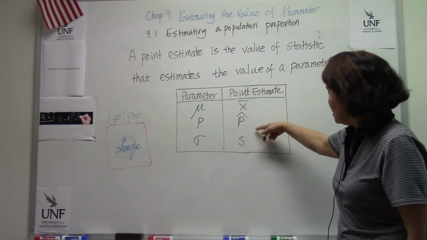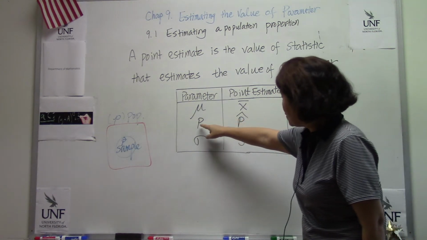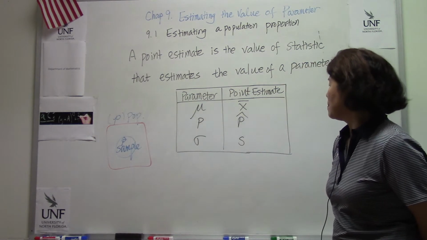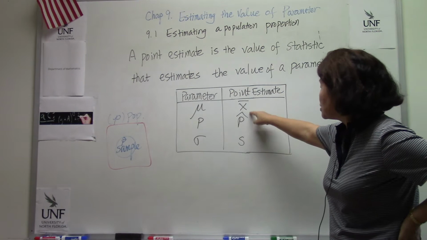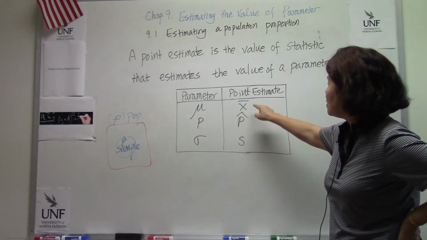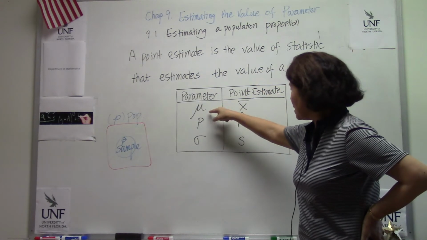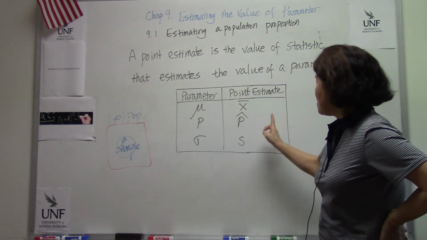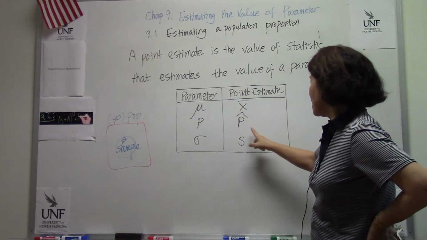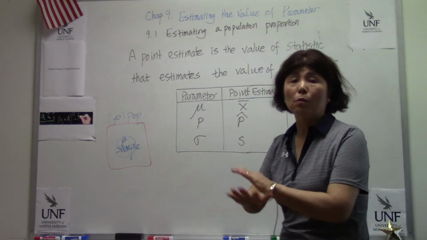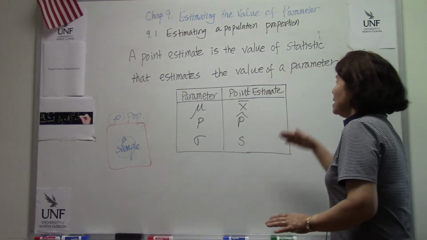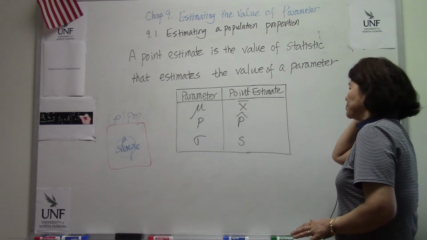And x bar, the mean of the sample, will estimate mu. The standard deviation of a sample will estimate the standard deviation of a population. So that's the right way to go.